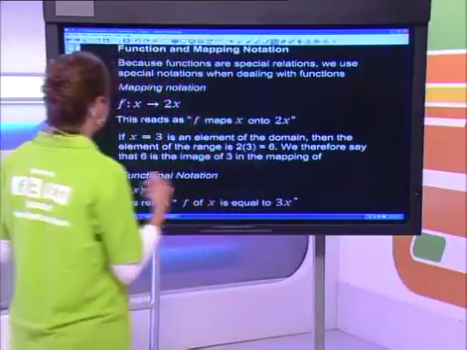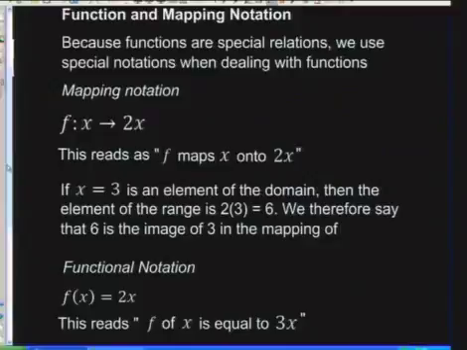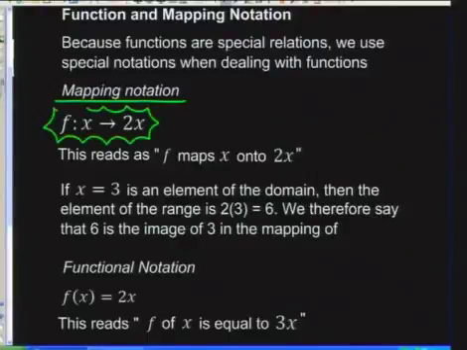So, mapping notation. Let's just have a look over here. This is our mapping notation, and this is what it looks like, guys. We've got f, colon, x is mapped onto, and we show that just by a little arrow, 2x. So as you can see, this reads f maps x onto 2x.